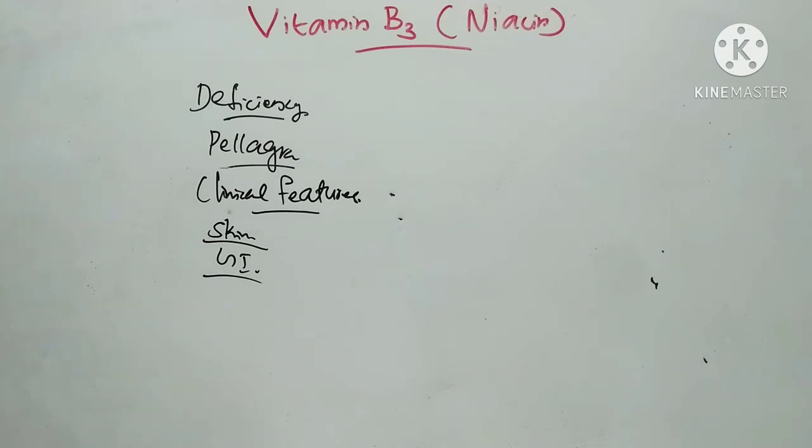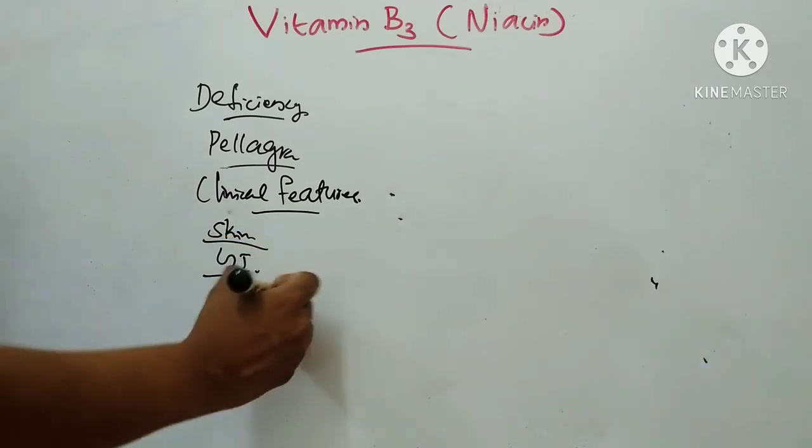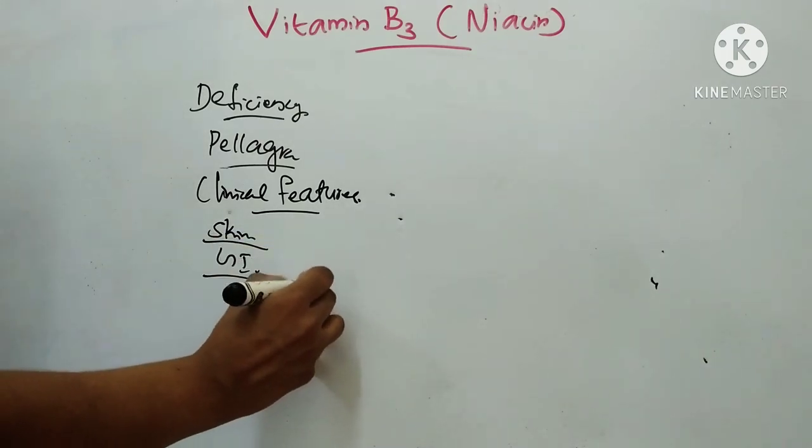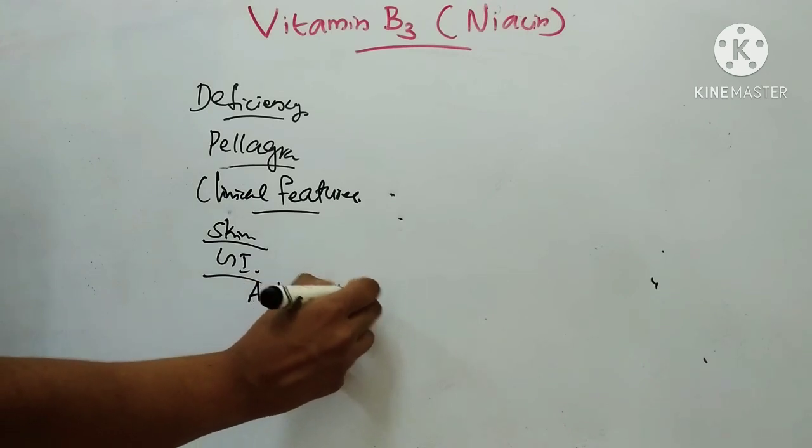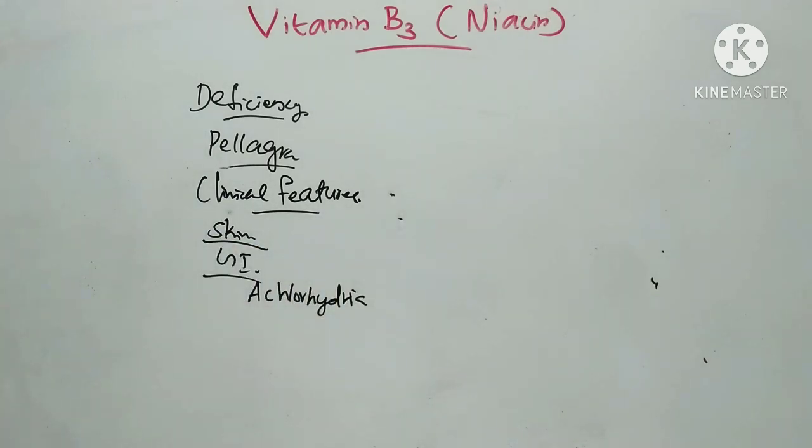Then achlorhydria is present in about 40% of cases. Then thickening and inflammation of the colon with cystic lesions of the mucosa, which later becomes atrophic and ulcerated. That is GI manifestations.